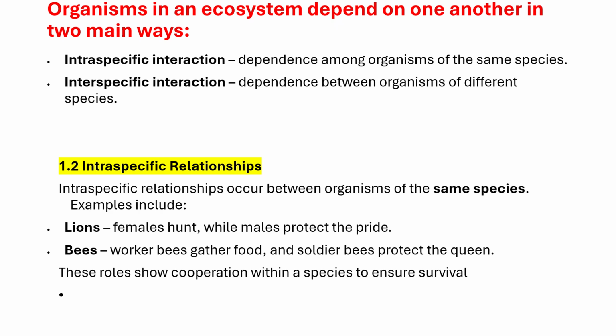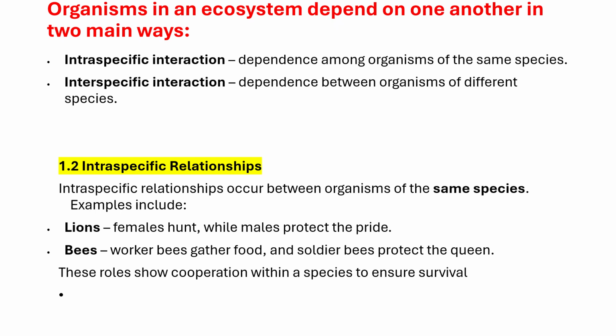Intraspecific interaction means the organisms of the same species depend on one another. For example, how a lion can depend on another lion, how a human can depend on another human, something like that.